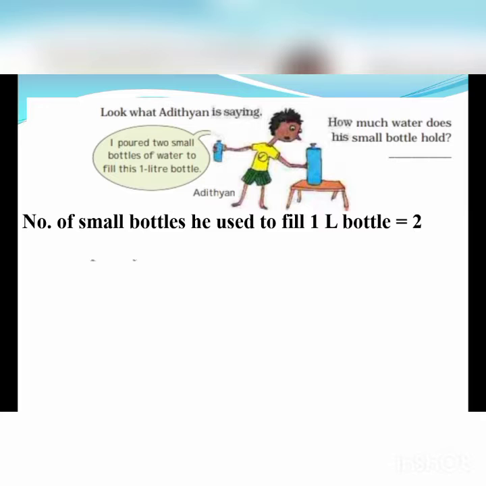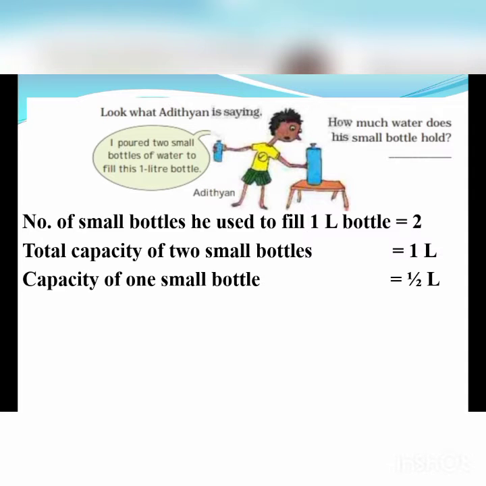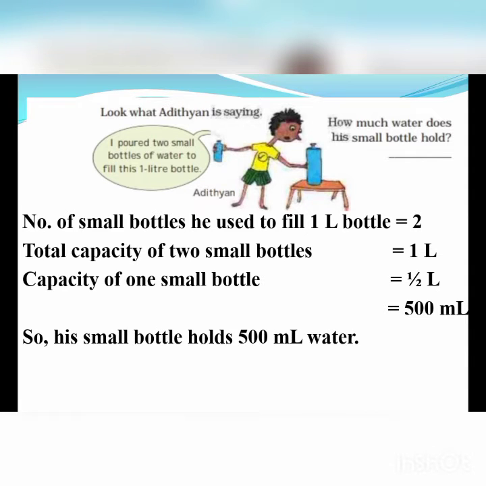So we can say the total capacity of 2 small bottles is 1 liter. So the capacity of 1 small bottle will be half of a liter. Am I correct? Yes. And we know half of a liter equals 500 milliliters. So we can say his small bottle holds 500 milliliters of water. So the answer is 500 milliliters.